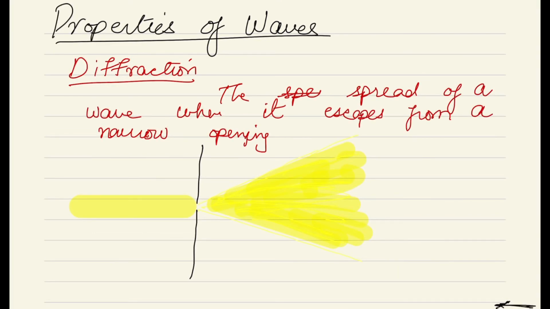Now we'll discuss how this narrow hole affects the diffraction of the wave. If the size of this opening is equal to the wavelength of this wave, then the spread will be maximum. So I will write it over here.